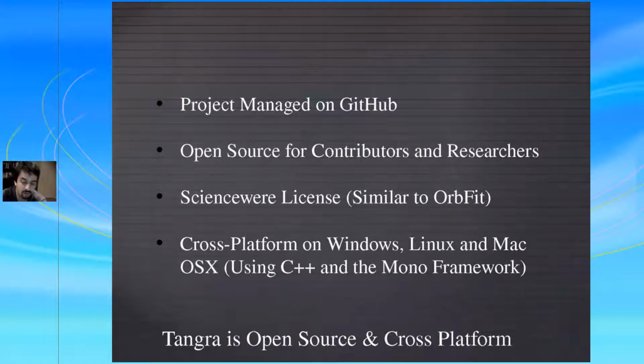If any of you is familiar with the license of AdvLib, which they call a silenceware license, it pretty much means you can look at the source code if you want to verify something or if you want to contribute to it. And finally, it's cross-platform software which also runs on Linux and Mac. Those of you that may have seen my presentation a couple of months ago from Melbourne, I actually demonstrated Tangra running live on Linux.